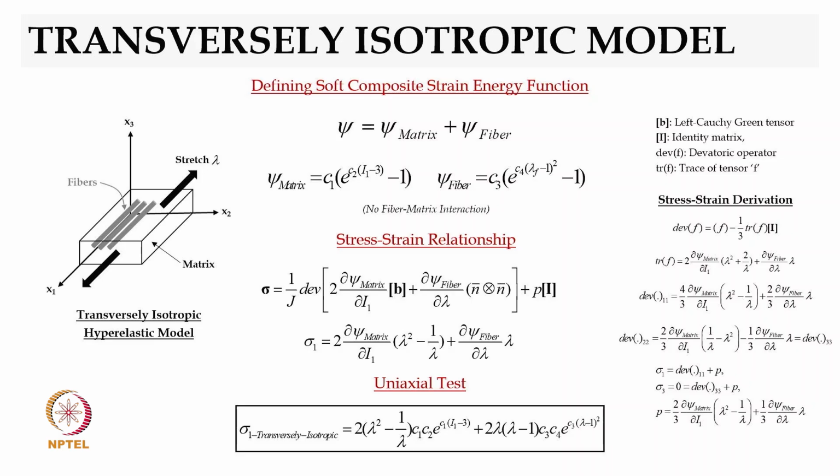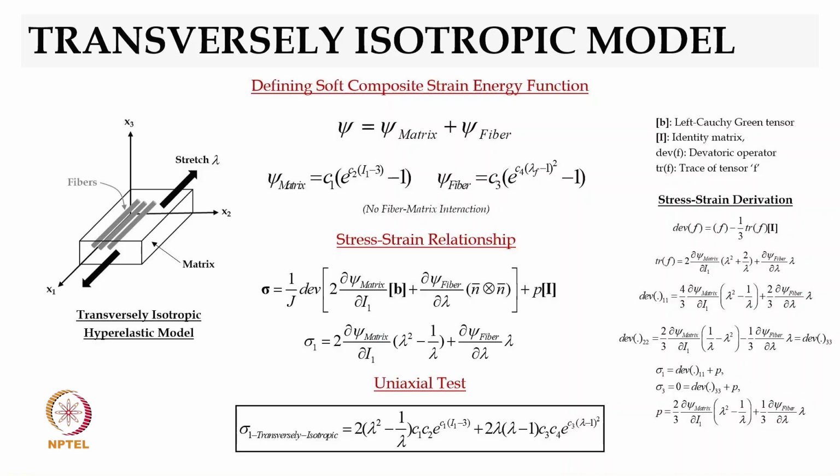Trace F is the trace of a tensor, where all the diagonal elements are added together, right? So these are some terms you can look at. This is not very important, right? But just for the sake of discussion, if you're interested to know more, I should give you at least some food for thought, like where this is coming from. So that's the idea. The idea is not to scare you with the equations.